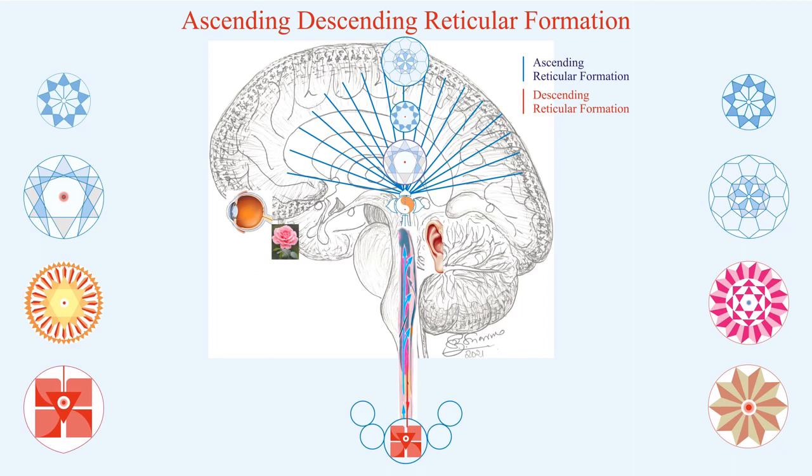The ascending reticular formation is in blue, and the descending reticular formation, responsible for sleep, is shown projecting down. But I have brought it down right to the bottom of the spinal cord. There is no disagreement because anything below that is inhibited. So I think we totally agree.